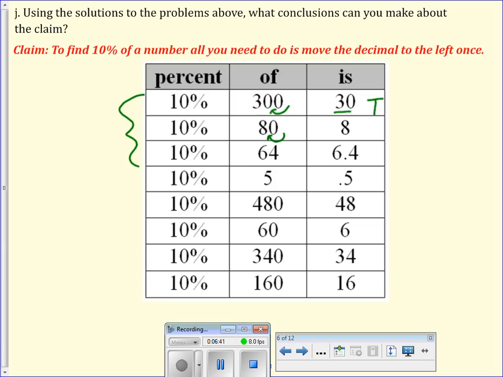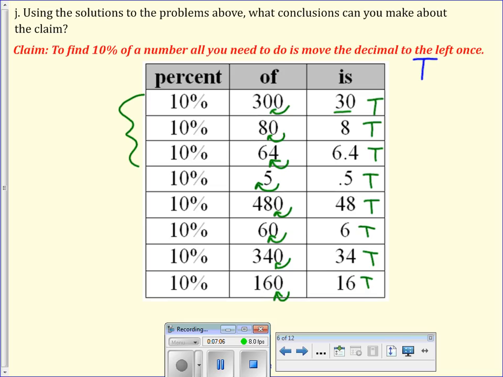Yep. So this is proving our claim. It is sort of a shortcut. If we had continued solving the other problems, these were all the answers. So this proves that our claim is true.